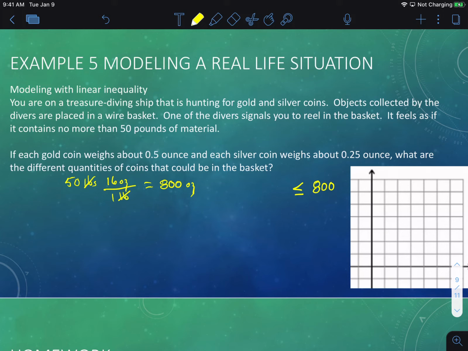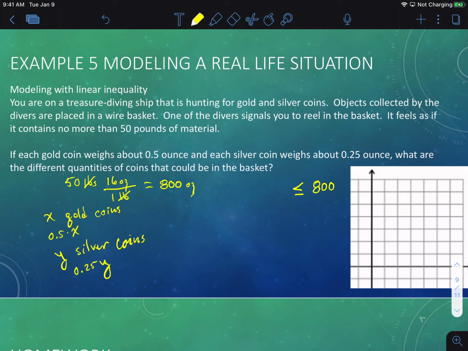Okay, now if we say that there are X gold coins and Y silver coins, then we can say 0.5 ounces times X is the weight of all the gold coins, and 0.25 Y is the weight of all the silver coins.